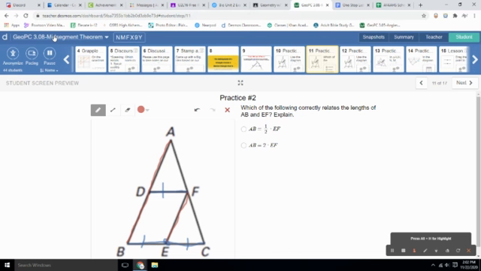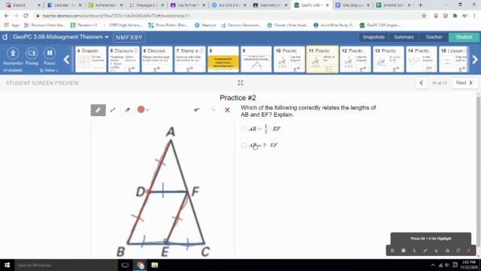Based upon what we just discussed about the mid-segment theorem, we know that EF is parallel to AB, and we know that the distance from E to F is the same distance as B to D, if D is the mid-segment, which it is, and it's the same distance as D to A. How can we put that into an equation?